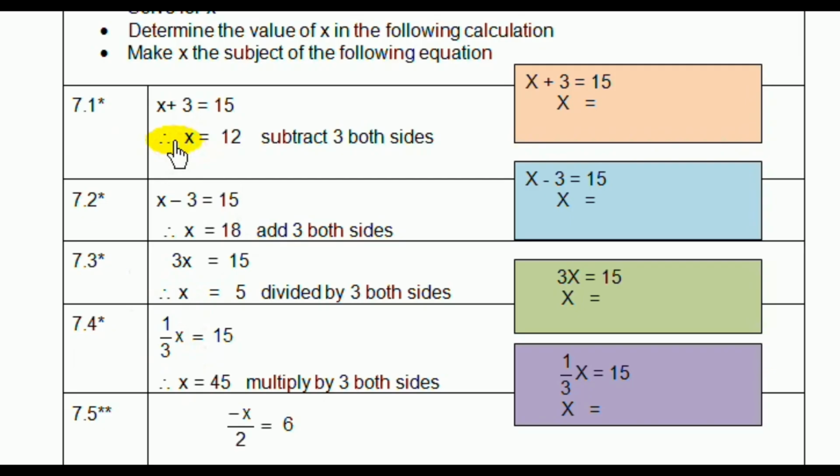Now your method is the following. You've got to get rid of all the other numbers that are together with the variable on the same side. There's a plus 3, so get rid of the 3. There you have to get rid of the minus 3. There you've got to get rid of the multiplied by 3, and there the division of the 3. So get it on its own so that you can get your x on its own.